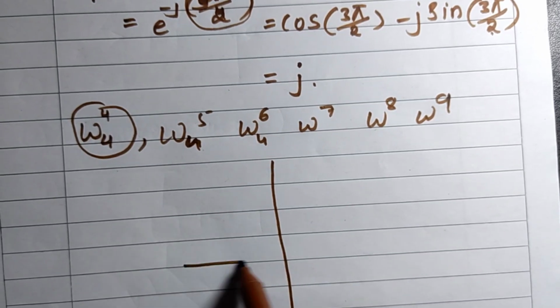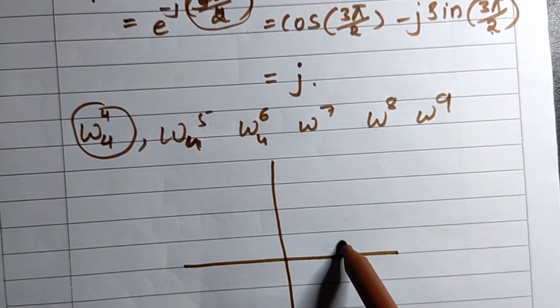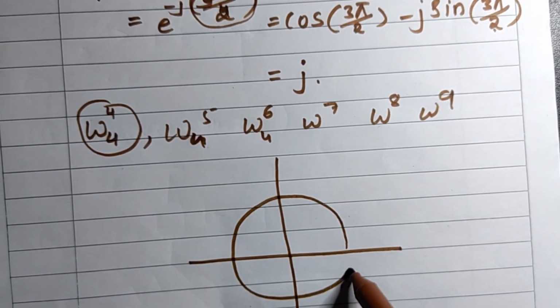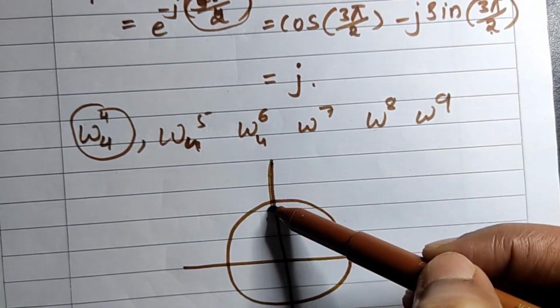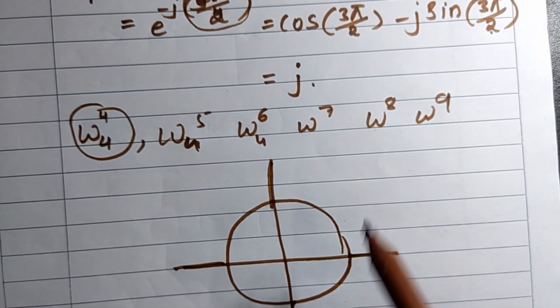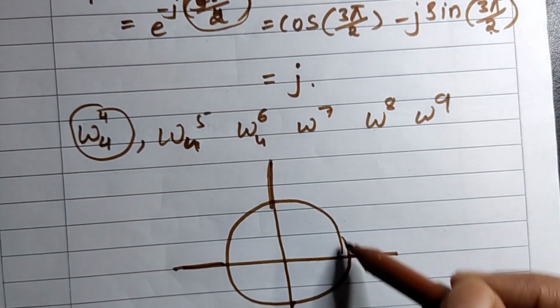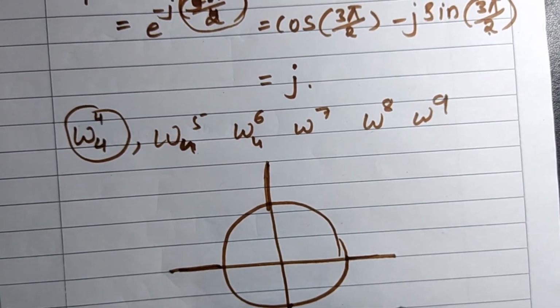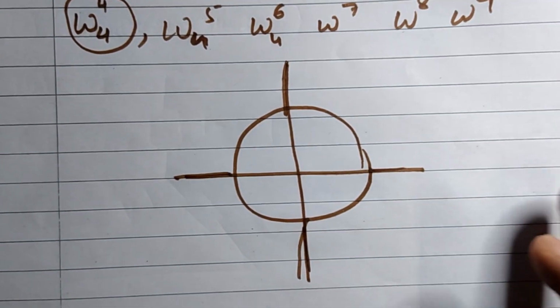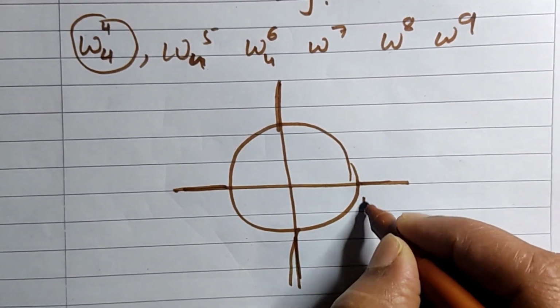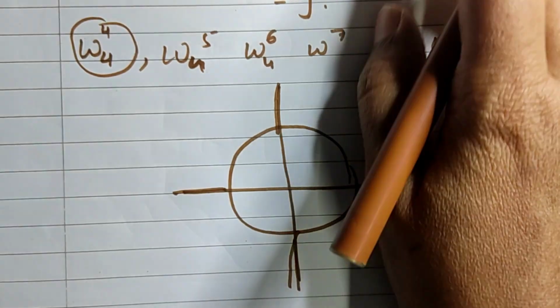So for that, what we can do is take a circle, right? How many points are there? 4 points. So this all indicates 4 points. If 8 points, then equally we can divide this one. Okay, a circle can be divided equally into 8 parts, right? Now let us say, what is the value of the first one?